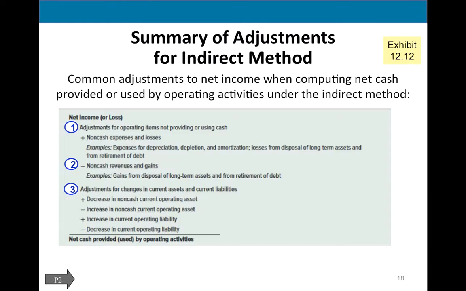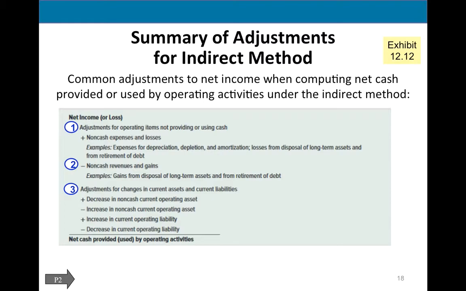So if we have more accounts receivable, that means we collected less cash, right? So an increase in current assets. If we have more supplies, if we have more prepaid expenses, any increases in non-cash current assets, we do the opposite, we subtract them. Any decreases, let's say my inventory went down. What does it mean?